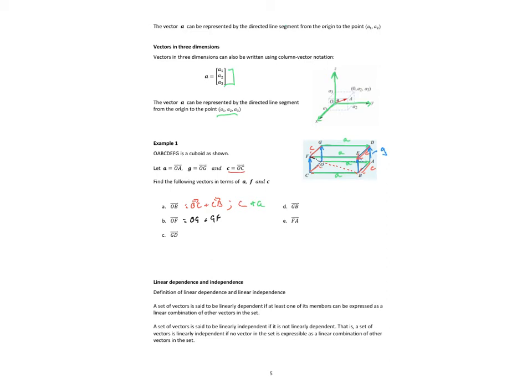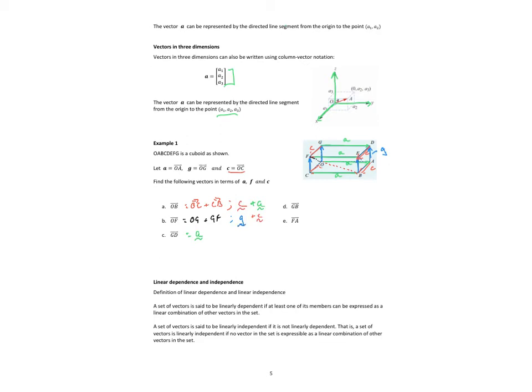OG is the blue line up, which is just G. And then GF is the same as OC, which is G plus C. What about GD? It's just that parallel line, which is the same direction as OA, isn't it? So that's just equal to A. And I should really be putting little tildes underneath all of my vectors here.